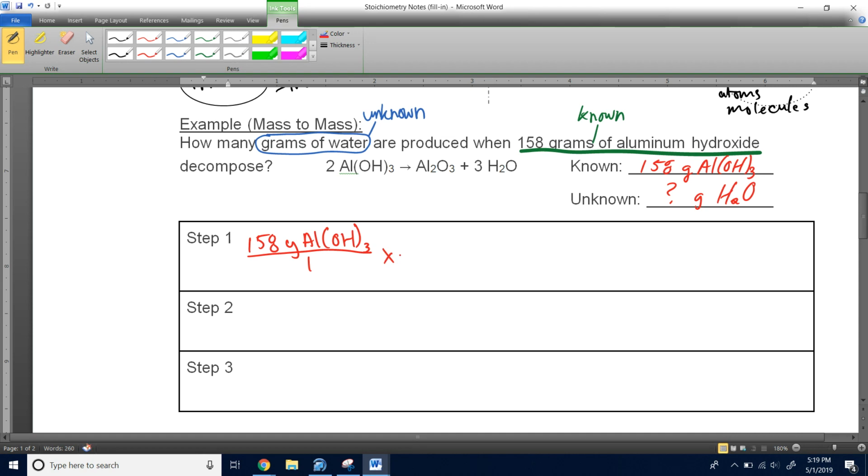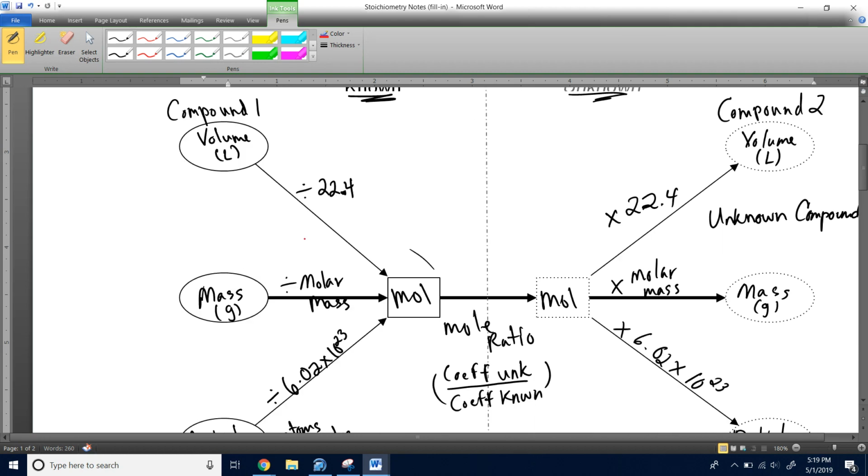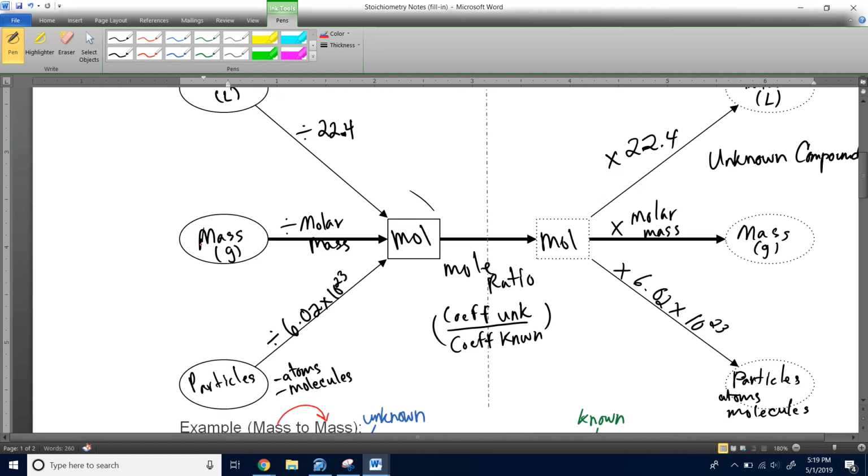Based off of our roadmap, we're going from, again, mass to mass. The first step from mass is to go from mass to moles. First thing that we have to do is divide by the molar mass.